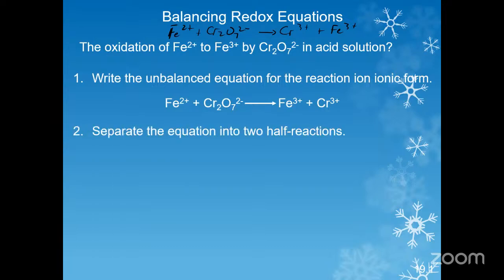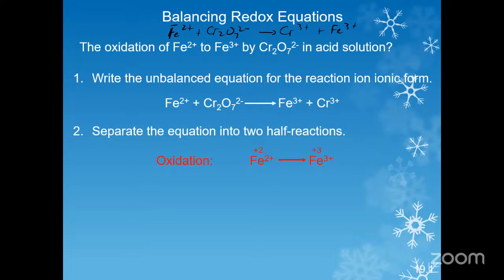The second step is that you separate this unbalanced equation into two half equations. One half equation would be the reduction and the other half equation would be the oxidation. So this is how you do that. As far as the oxidation is concerned, that would be the Fe2+ to form Fe3+. Of course, that's oxidation because the oxidation number of the iron is increasing.